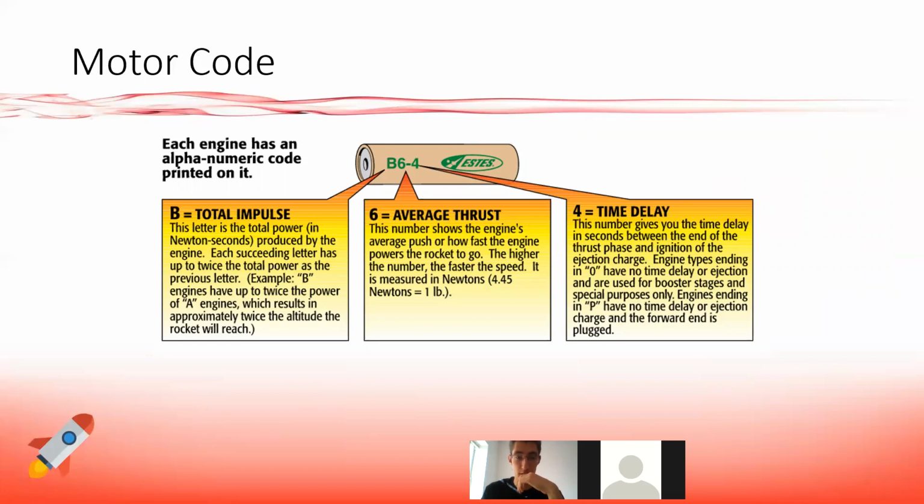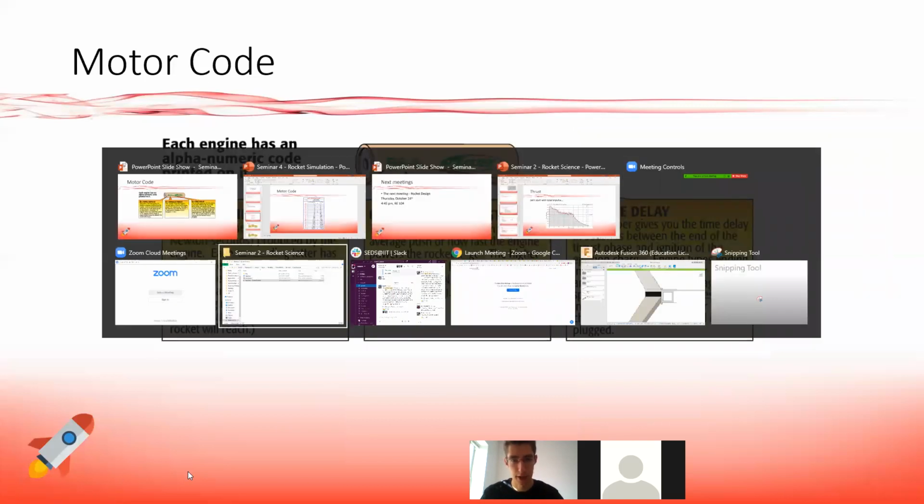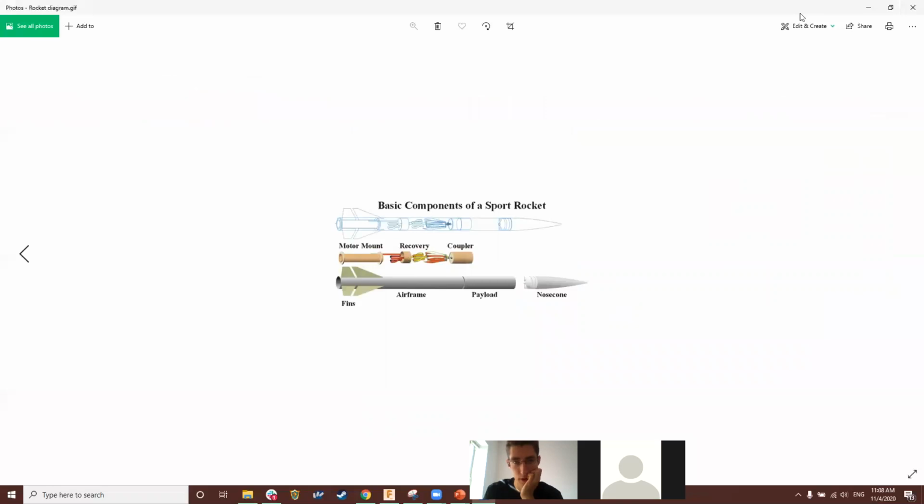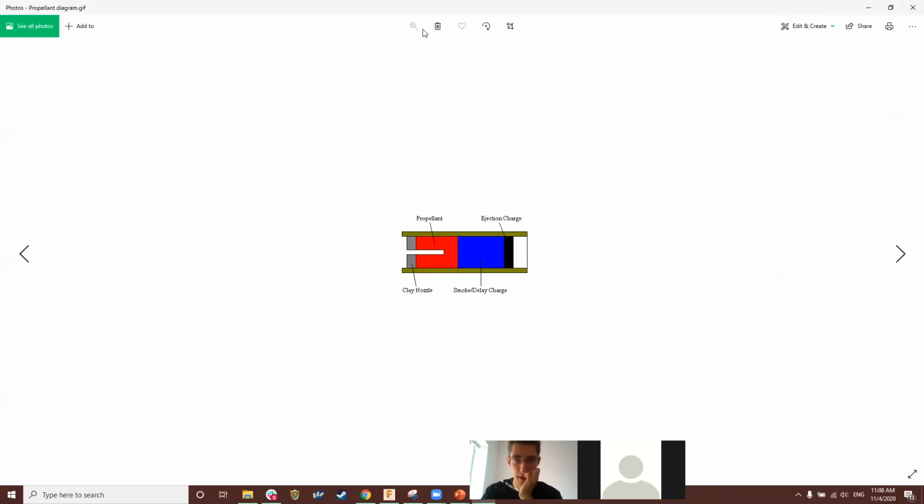Okay, so you know what is total impulse, you know what is average thrust. Now time delay. Let me see. I should have some diagram on my computer. Not this one, this one. Okay. Can I zoom in? No. All right. So ignore the nozzle for now.